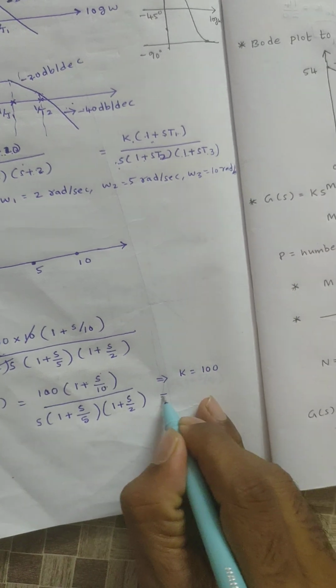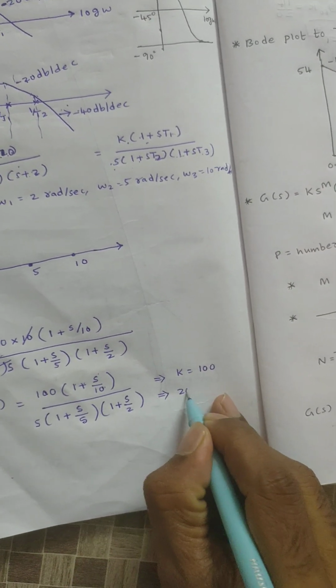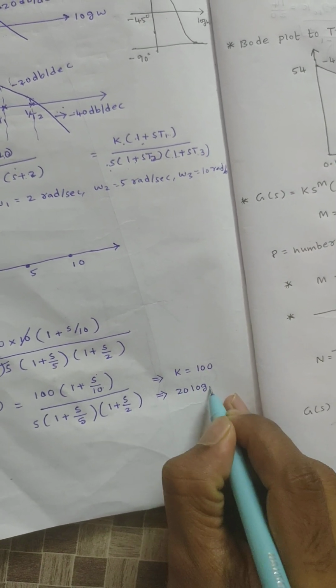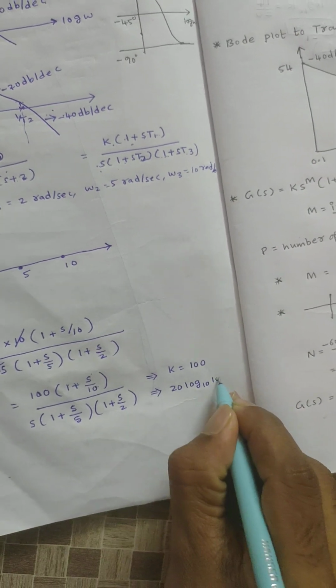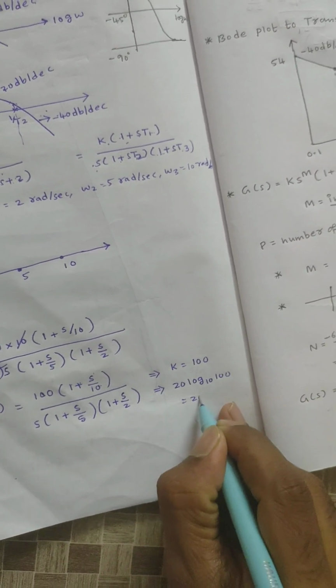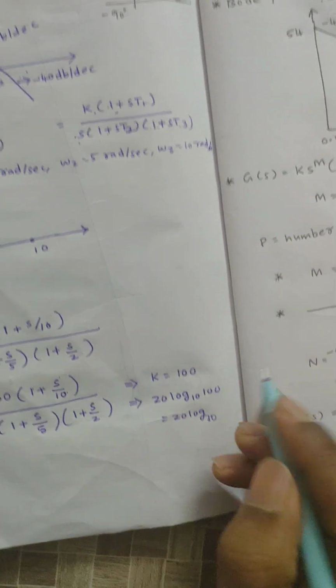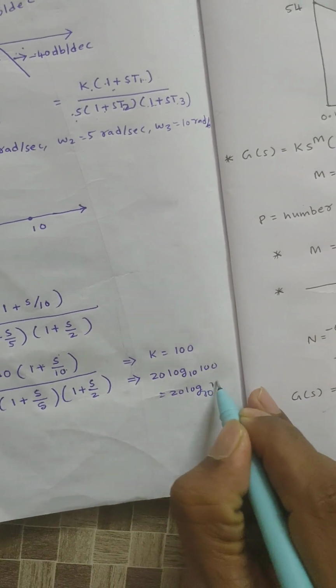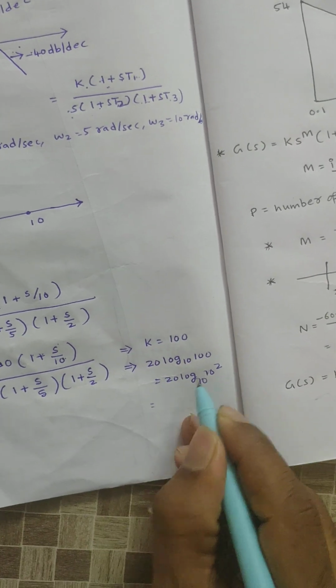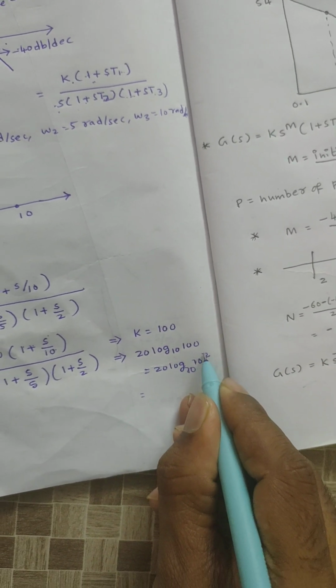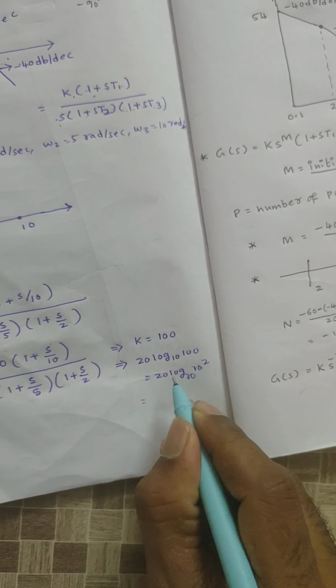When K value is 100, then in terms of dB, that is 20 log K, 20 log 100. 100 can be written as 10 squared, right?